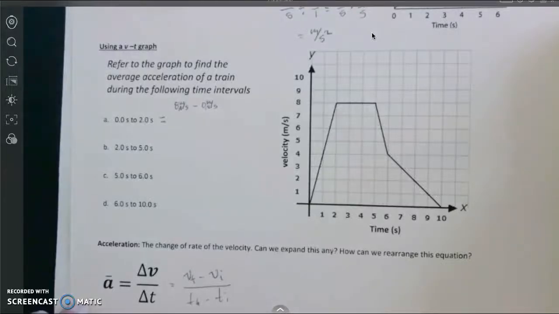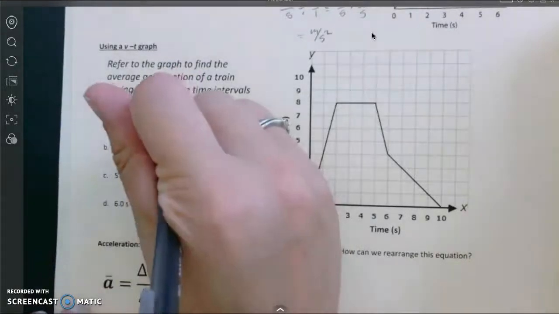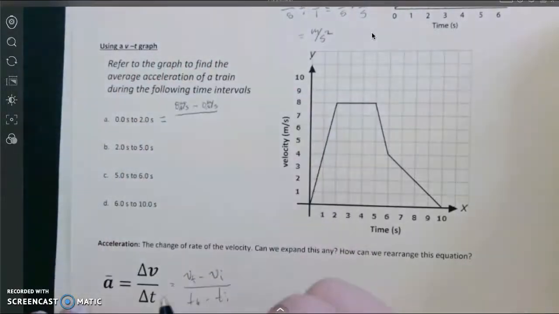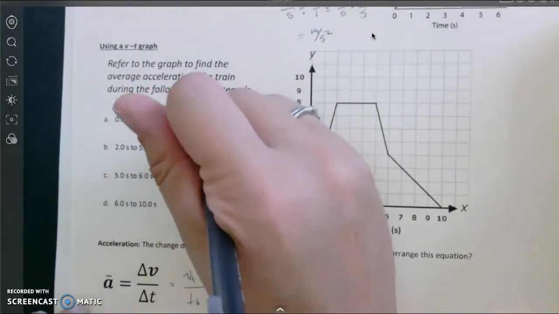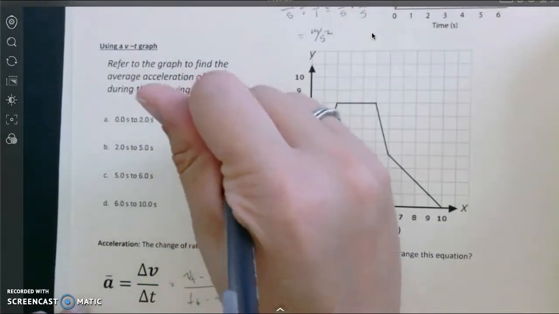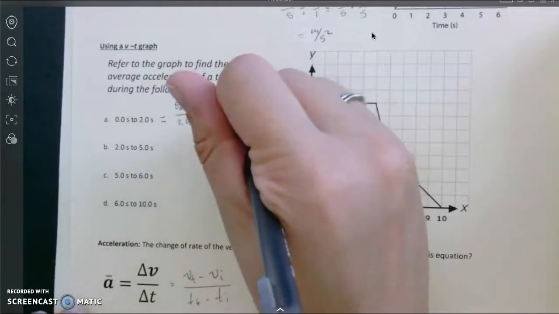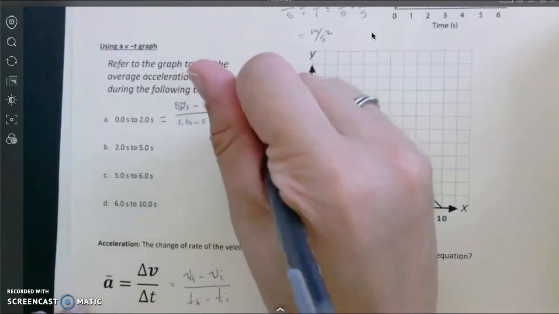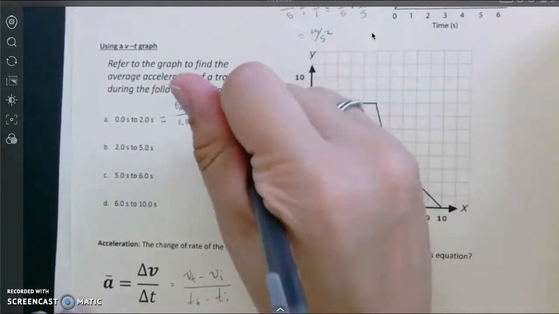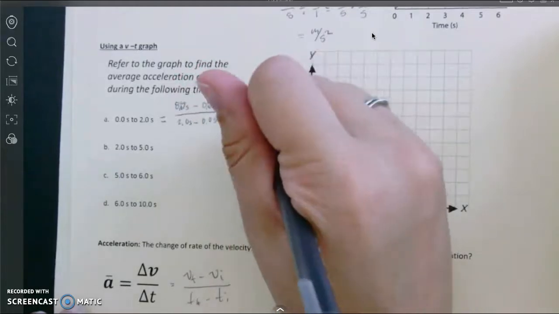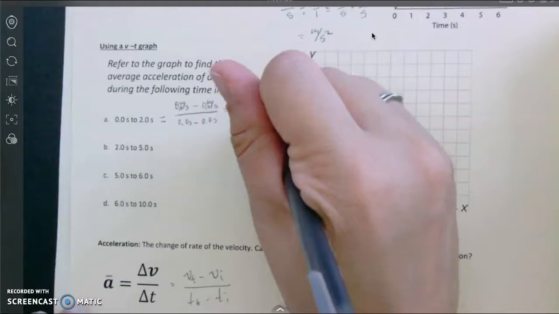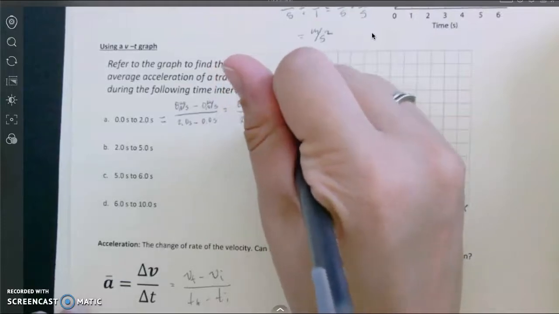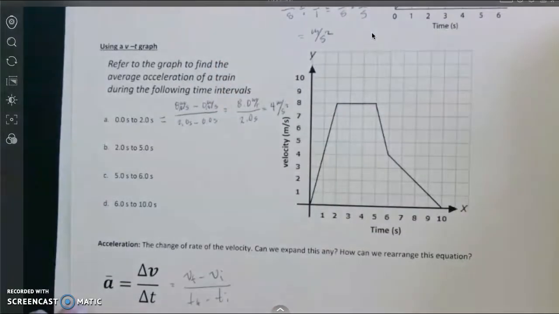Okay. I'm going to divide this by time final, which is 2 seconds, minus time initial, which is 0 seconds. So we'd have 8 meters per second divided by 2 seconds, or we'd have 4 meters per second squared. Okay. So that's what we have for that time interval.